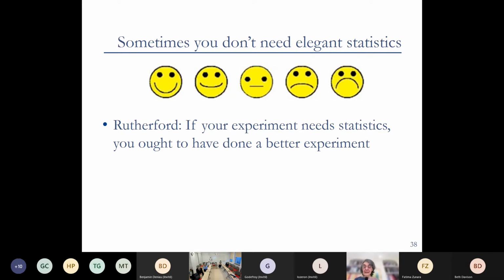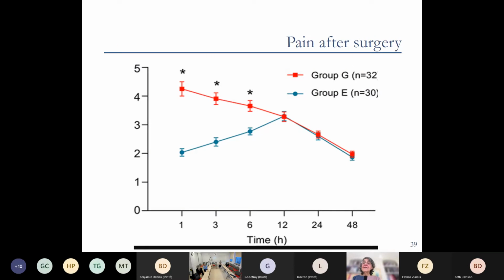So next slide. So here's a pair of curves where the score goes from 0 to 5, and you'll see these are the means, and it's pretty obvious looking at this that group G has much more pain in the beginning, but the patterns are different. In group E, the pain gets worse over time, and then the two of them are the same.